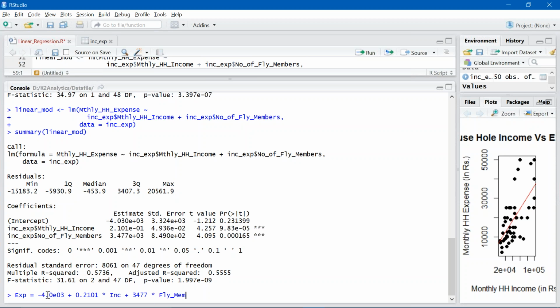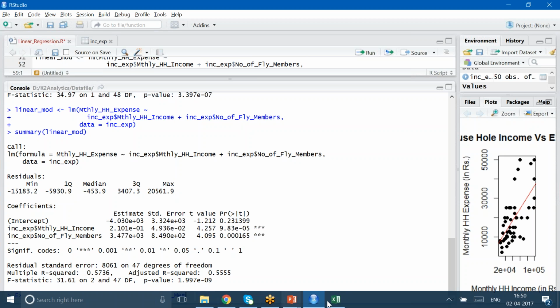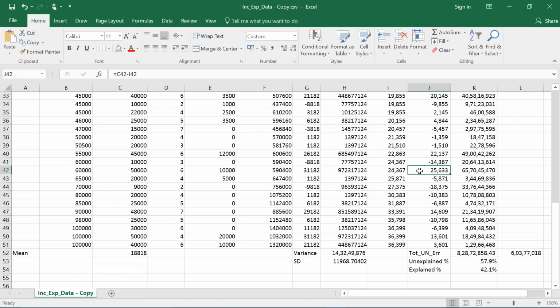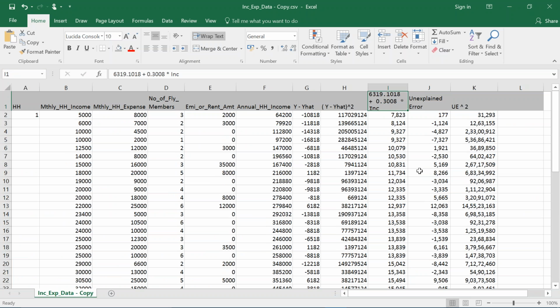If you take this equation and go to Excel, put this equation here instead of the earlier equation, and calculate, you will see this unexplained error will go down, will further go down.